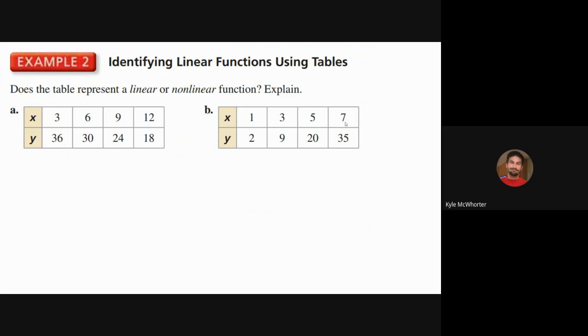All right, so tables. Does the table represent a linear or a nonlinear function? Okay, so on a table, to decide if it's linear, we're going to see if we have a constant rate of change. If the x value is going up by the same amount each time, then our y value should be going up by the same amount each time also. That would be linear, constant rate of change. So our x value is going up by 3 each time.